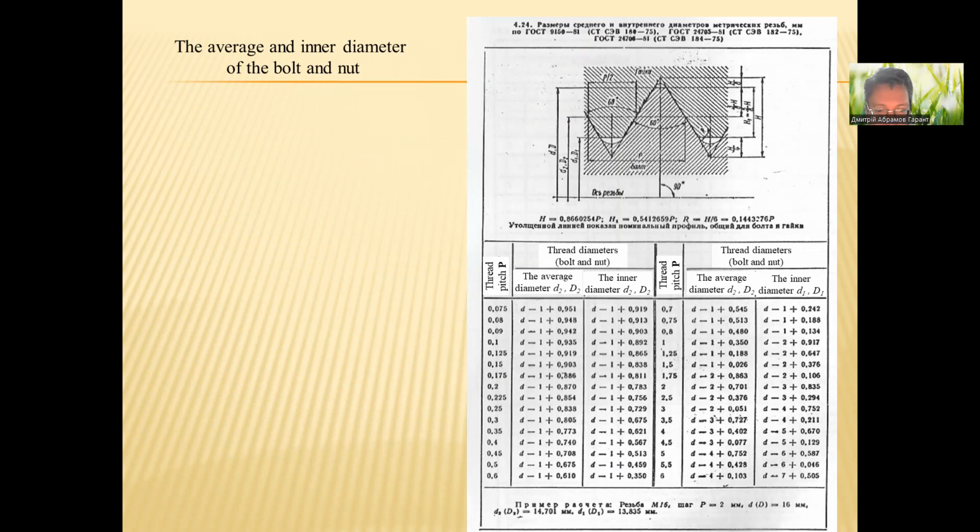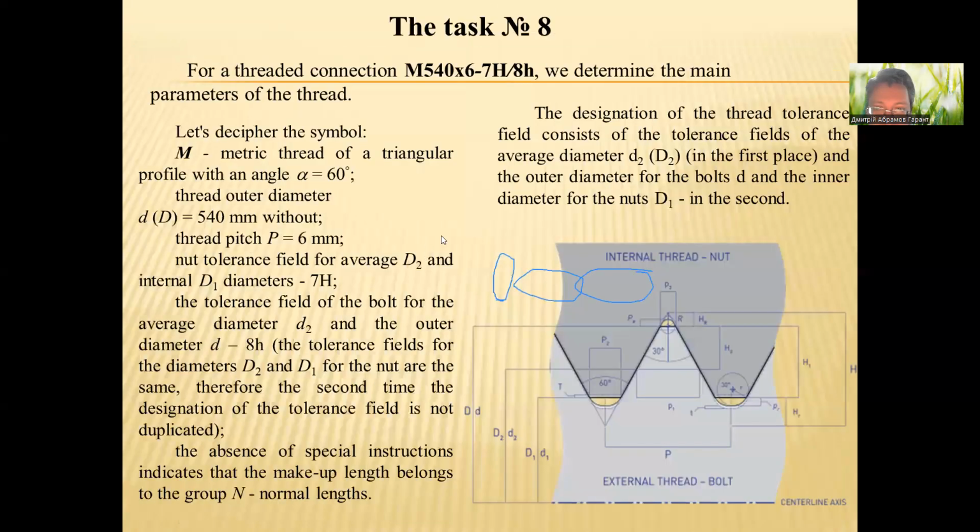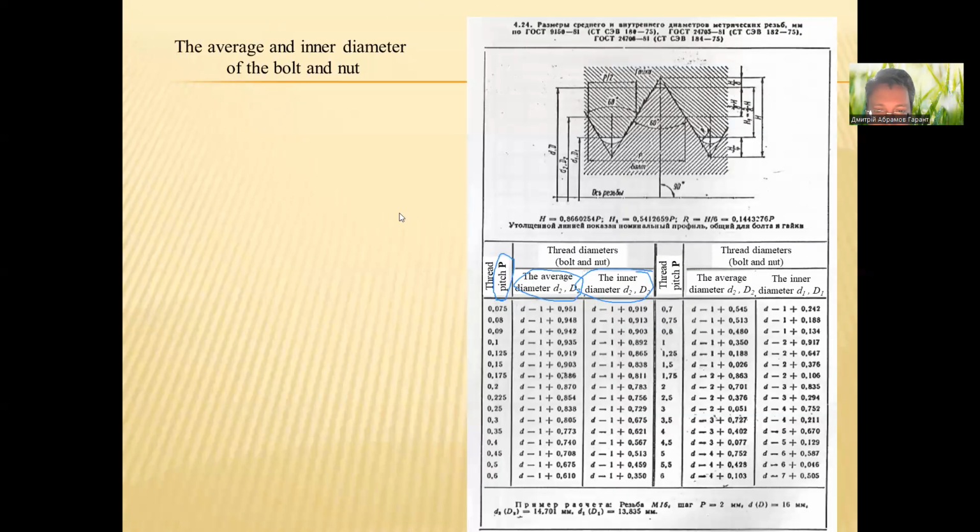You can see the formulas to determine thread diameters for bolt and nuts: the average diameter and the inner diameter of the bolt and of the nut. We use the pitch of the thread connection. So the pitch of our thread connection is equal to 6 millimeters.